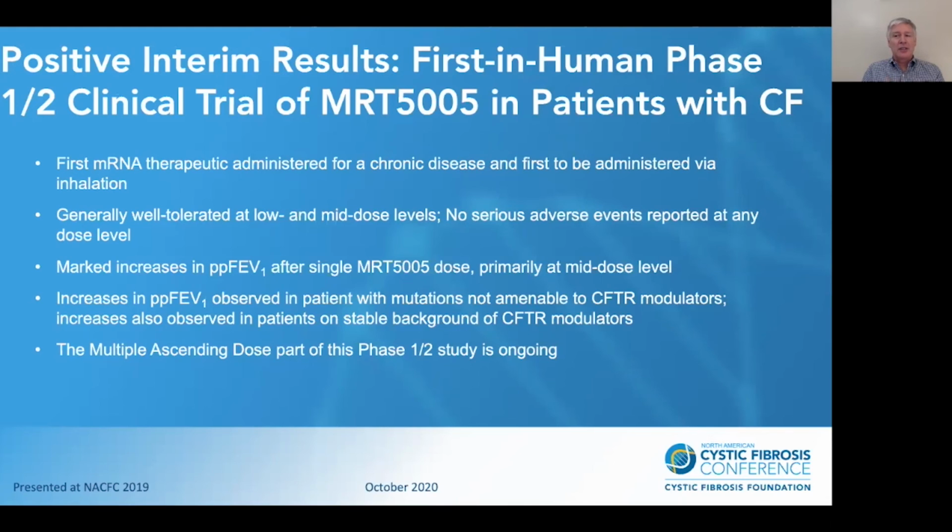And the increase in FEV1 and the safety tolerability profile were very encouraging to us. Following a pause in the clinical study due to COVID-19, we resumed enrollment and dosing for MRT 5005 in September.